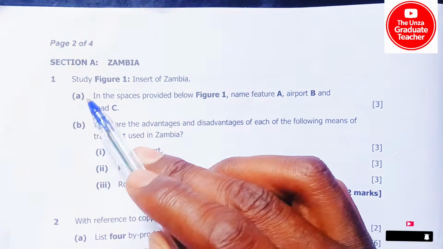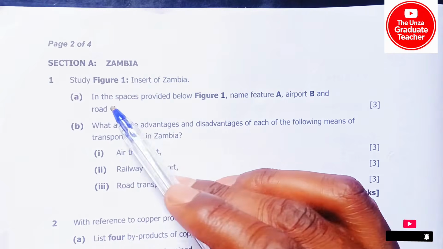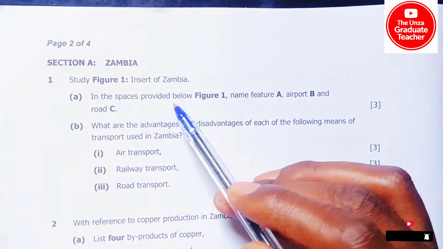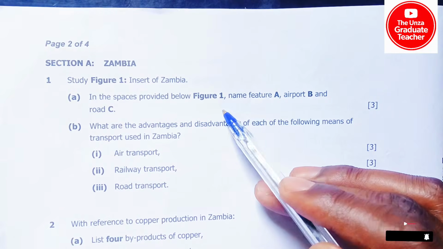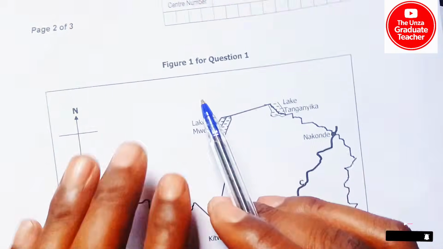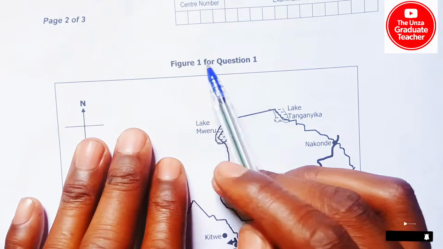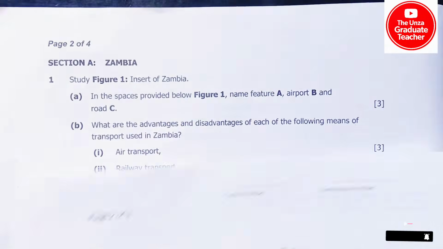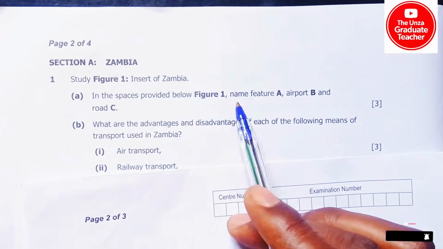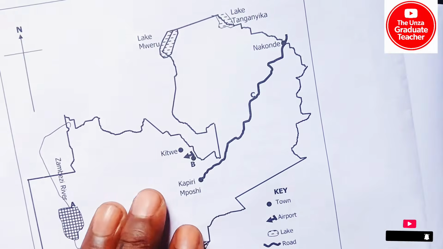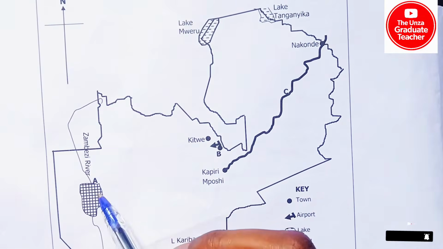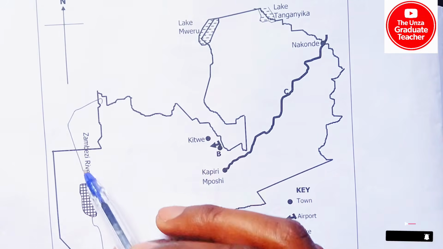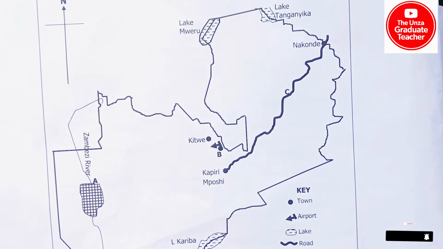In the spaces provided below, part A: this is the figure they are talking about, Figure 1 for question 1. Name feature A. So they wanted you to name this feature A, which is here. The Zambezi River passes through this feature A.